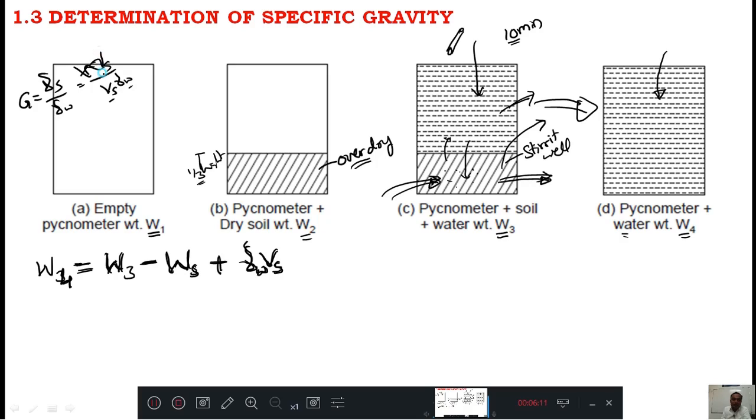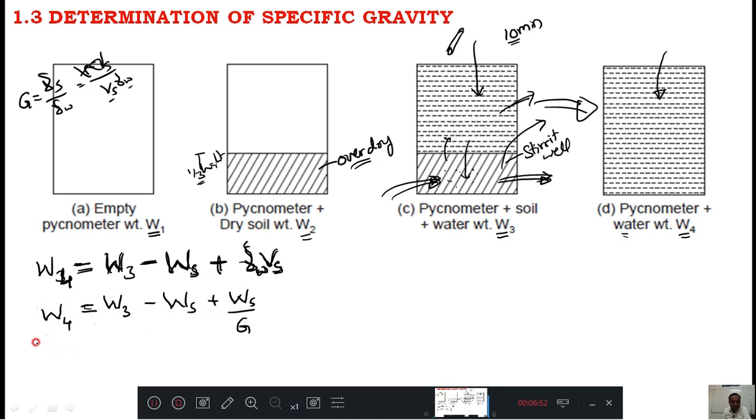Therefore you can write W4 equals W3 minus WS plus WS by G. Now G is unknown, concentrate here. I will take the entire thing to that side and W4 to this side, correct?